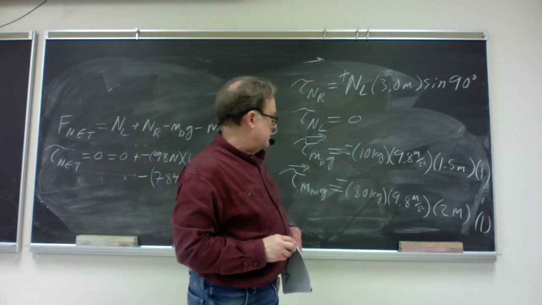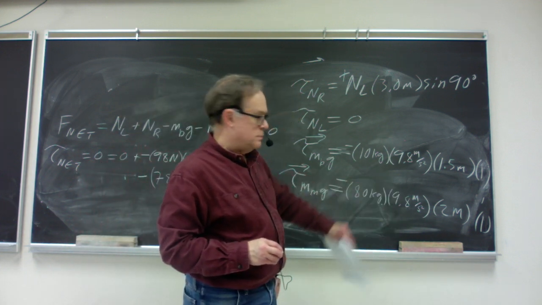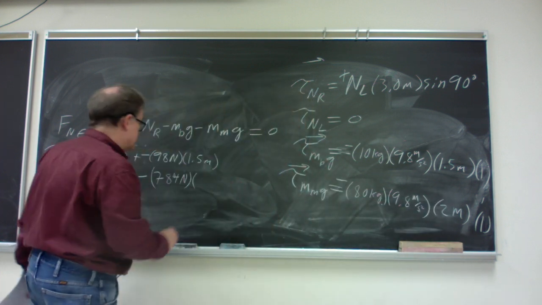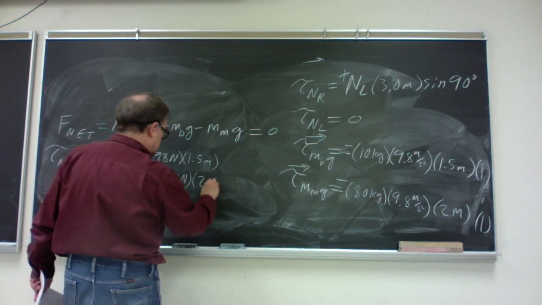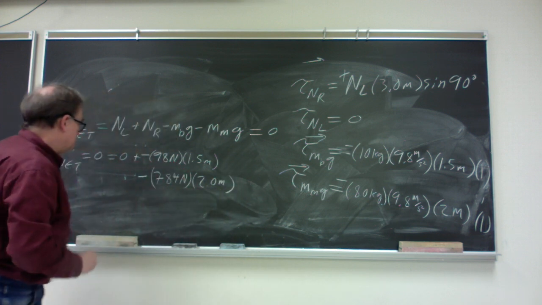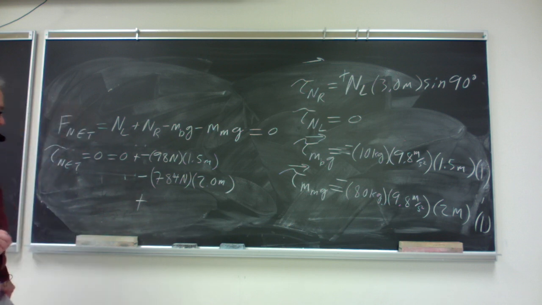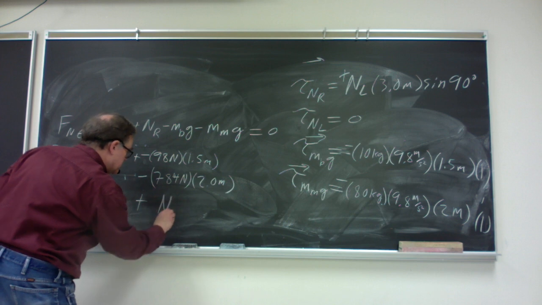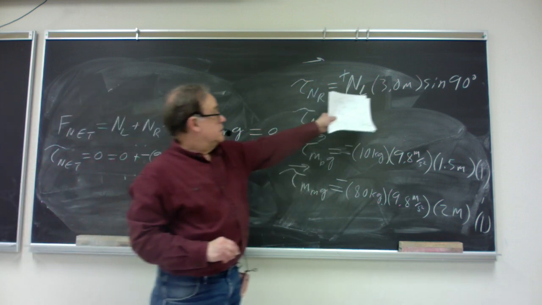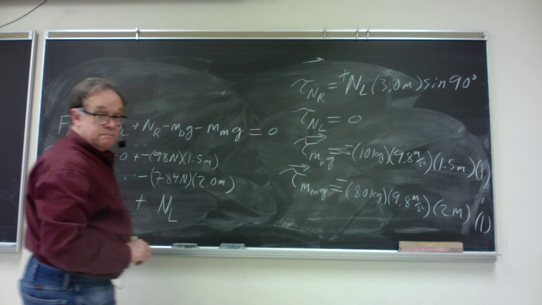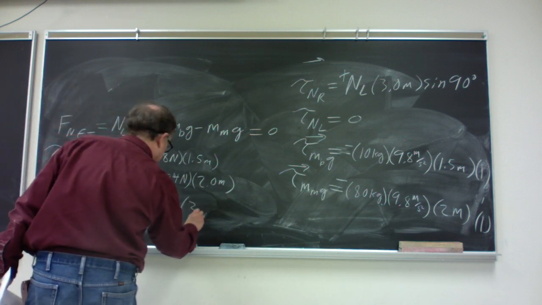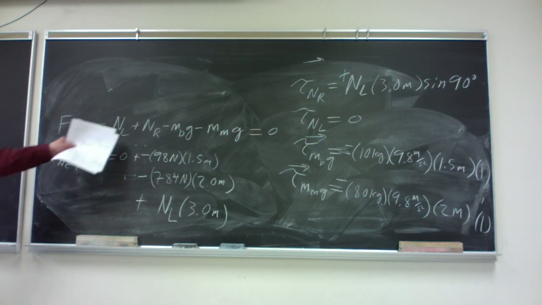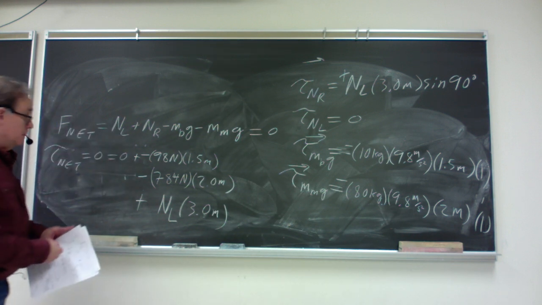Times 9.8 is 784 kilograms times meters per second squared is newtons, times the magnitude of the displacement, which was 2 meters. And then the last torque, that one, which is just magnitude of the force that we're trying to figure out, times magnitude of the displacement vector. Okay, so all that has to add up to 0.